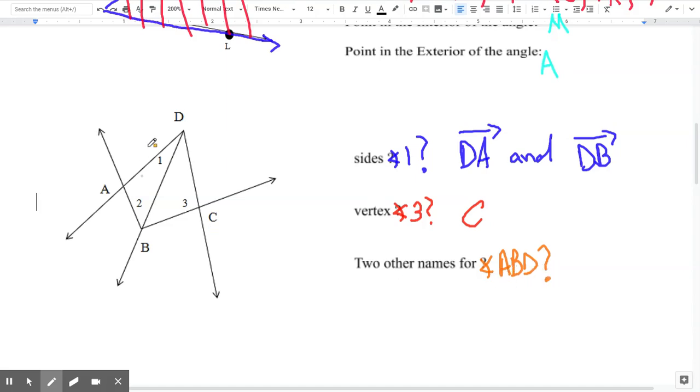So angle ABD, we start at point A, then connect over to B, and then connect through point D. You can see that we have one side of our angle going this way from B to D. That means the other side of your angle would be going from B through A. So we can finish tracing out that side here. So this would be angle ABD.